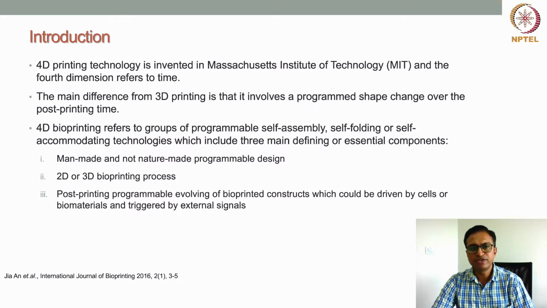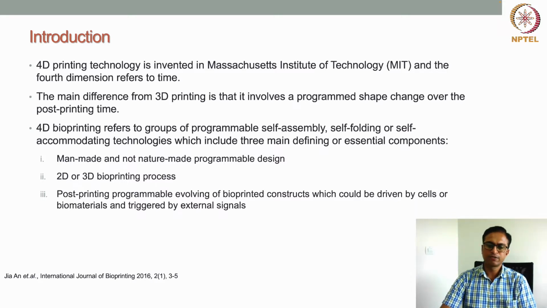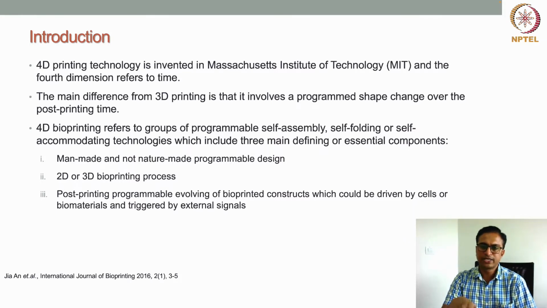The main difference from 3D printing is that it involves a programmable shape change over post-printing time. Suppose you print a structure with any of the 3D printing techniques, but then after printing, the structure changes its shape upon the application of some stimulus. Then that can be considered 4D printing.